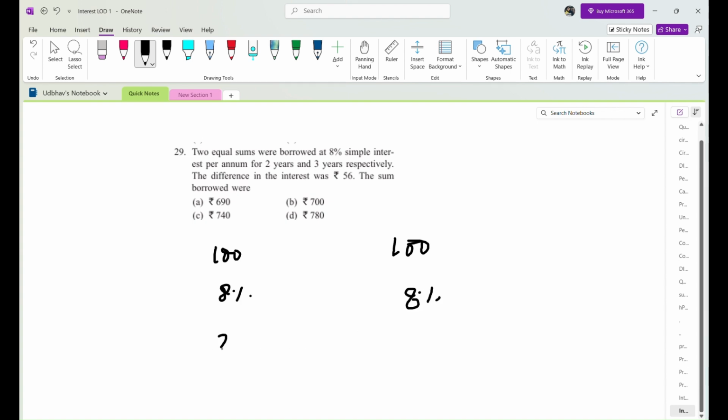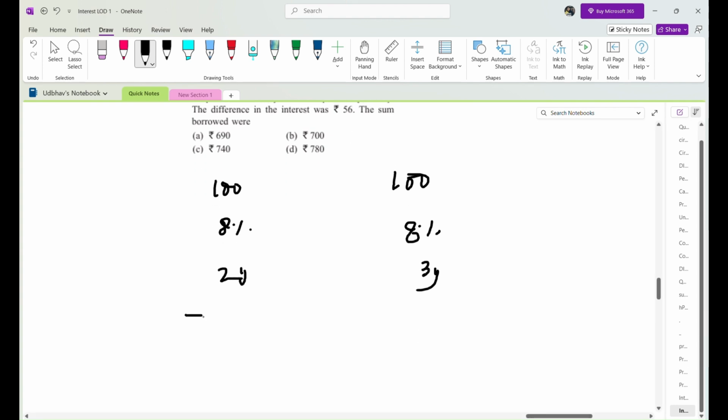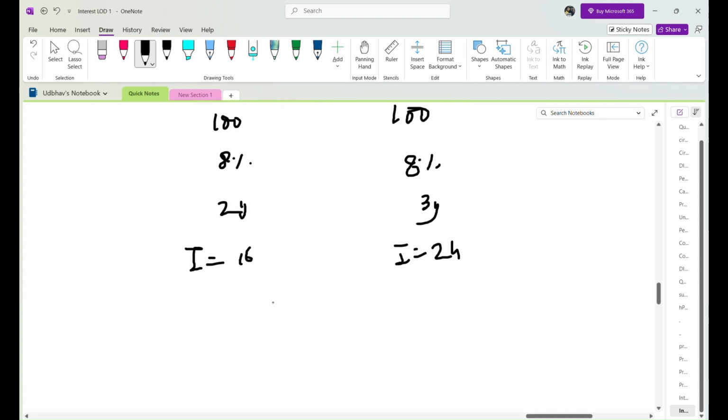This is for 2 years, this is for 3 years. Here the interest will be 16 rupees, here the interest will be 24 rupees. What is the difference? 24 minus 16, 8 rupees.